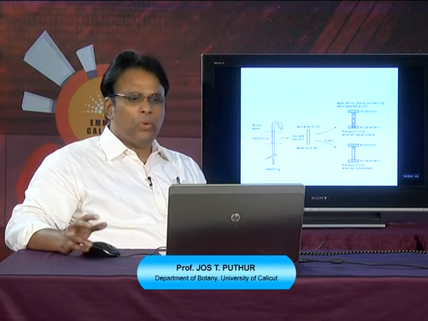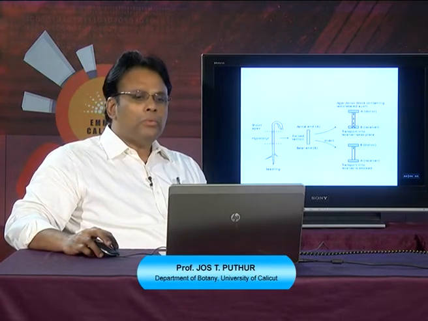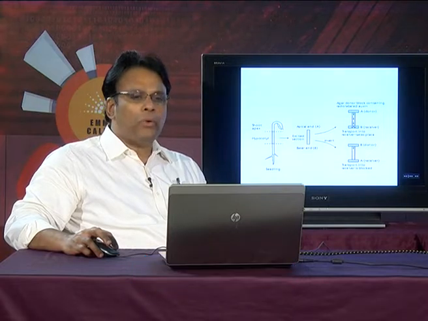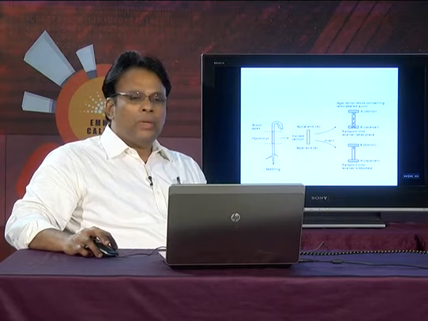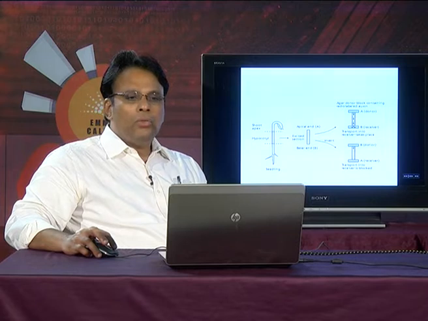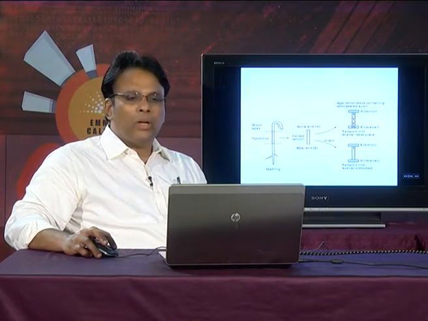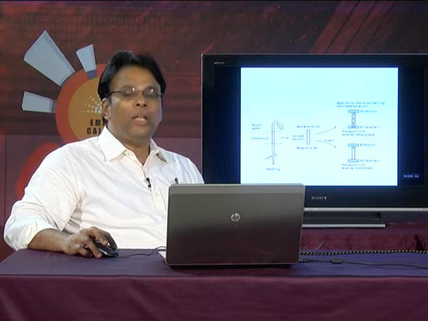This was first proved by a simple experiment wherein they excised a piece of hypocotyl, and the tip end or the apical end was named A, and the basal end was named B. Two blocks were kept, a donor block and a receiver block, containing radio labeled auxin.